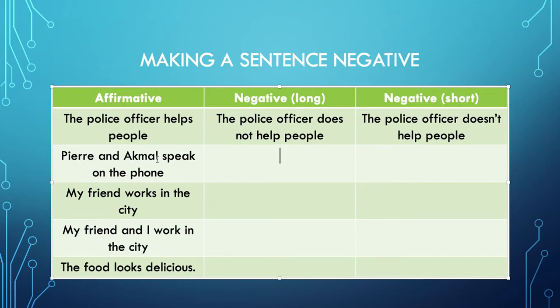So Pierre and Akmal speak on the phone. So the subject, Pierre and Akmal. So this is 2 people. So it's not he, okay, but they. So Pierre and Akmal, this is they, so we will say do not.